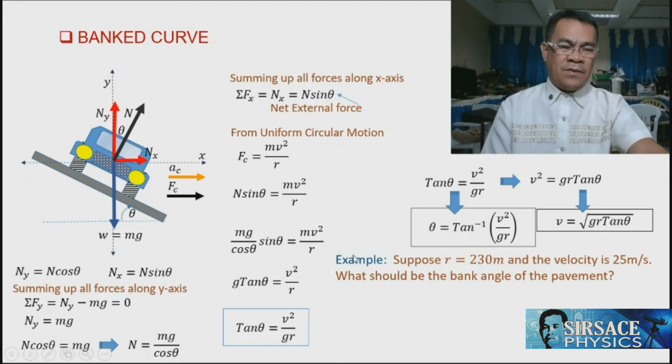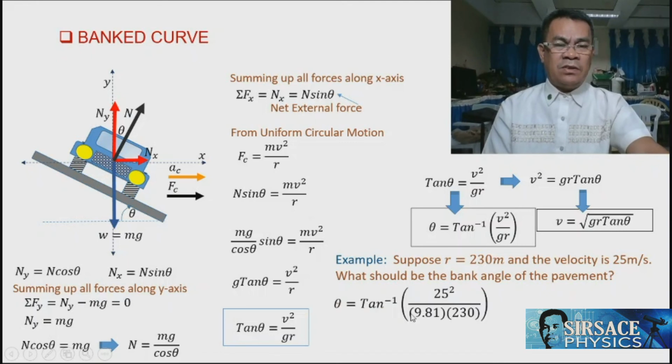If you are answering this one without knowledge about the bank curve, you cannot solve this one. Since there is nothing specified here about the friction, ignore the friction. Do not mind the friction because the question is how much the angle. If you answer that angle, it is safer in actual conditions, because in reality there is always friction between the tire and the road. So how much is the angle without the friction?